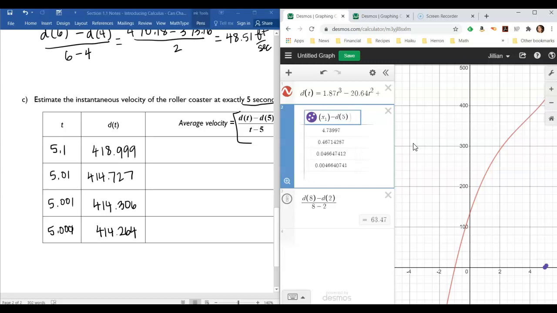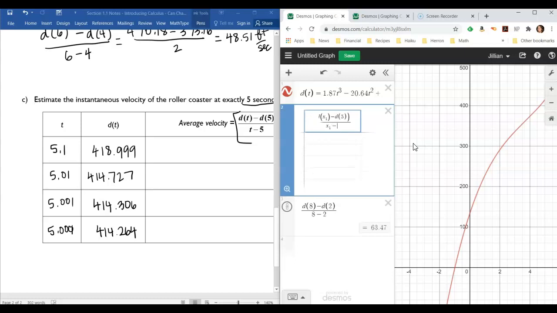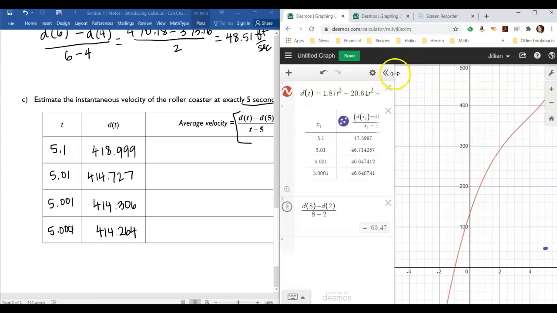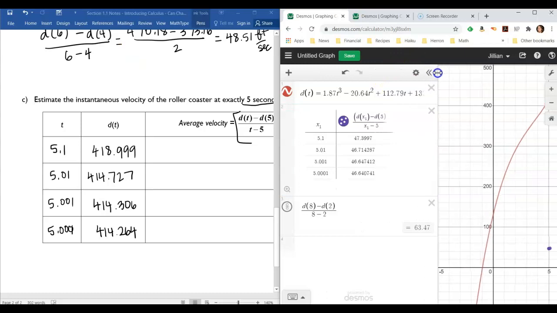I'm using the parentheses again because I want to make sure that's in the numerator. Now I'm going to have to use x because that's what I was using to begin with instead of t. And notice, I'm not even worried about what's on the graph right now. I'm really just using Desmos for the table.